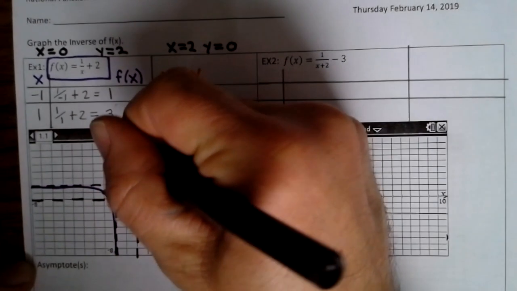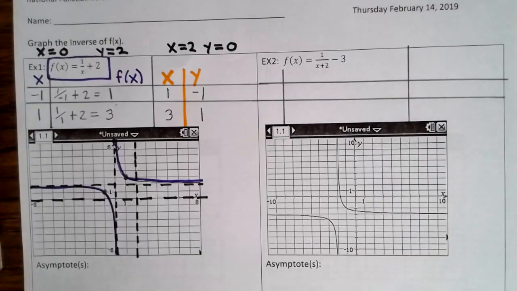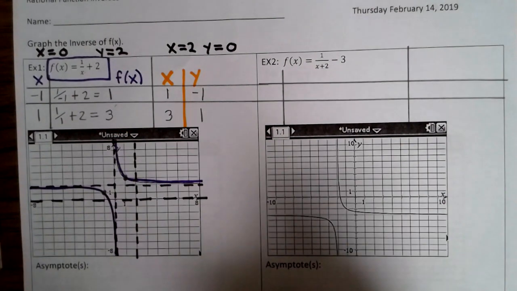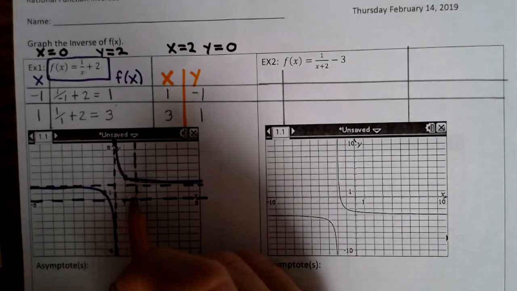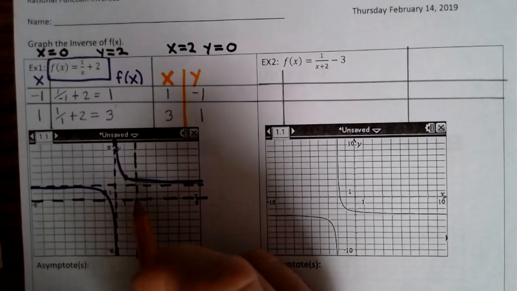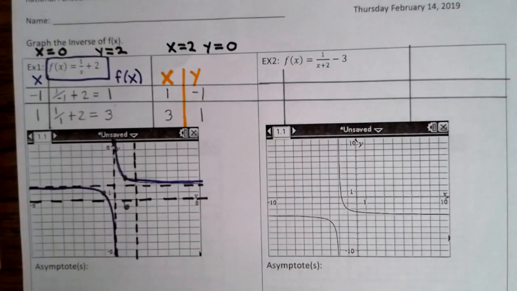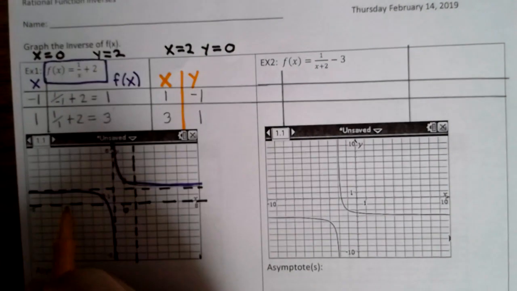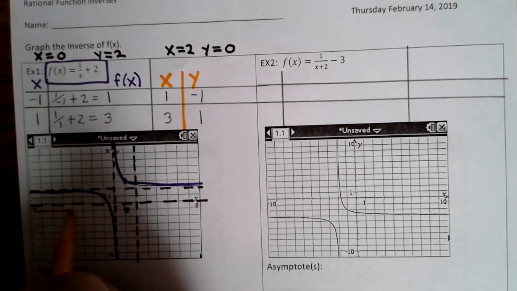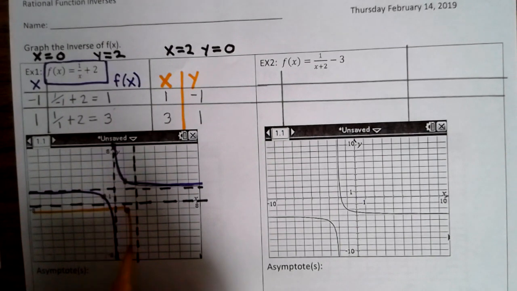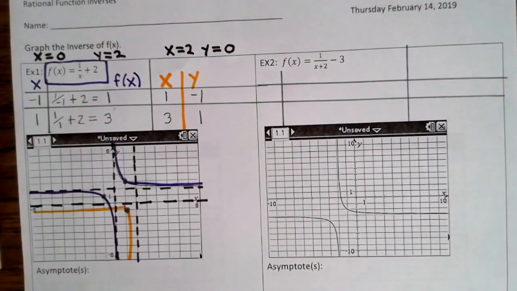Okay, at this point, we're going to graph our points. Okay, so now these are points, not directions, so we actually graph the actual points. So 1, negative 1. Now you have to be careful because it's based on this asymptote, so our curve is here. Okay, and then 3, 1.